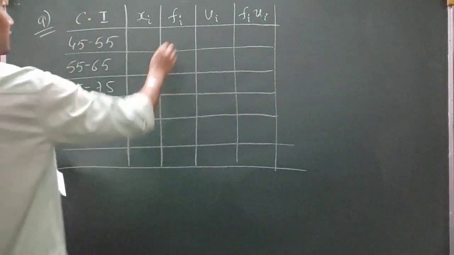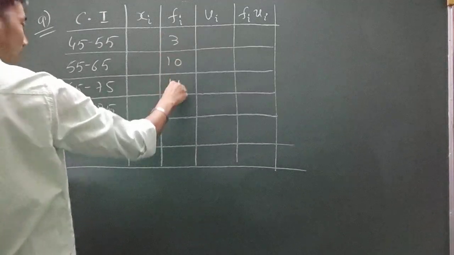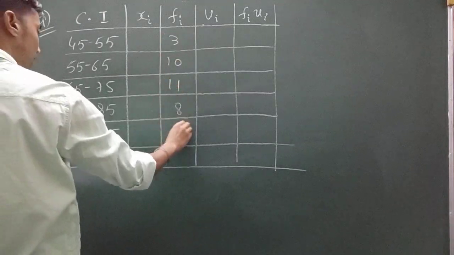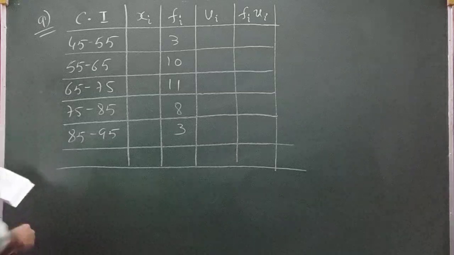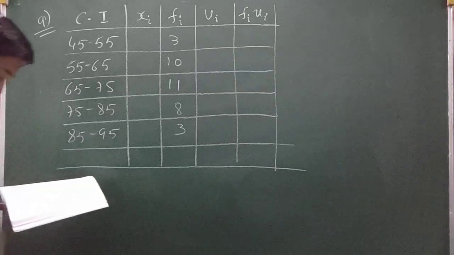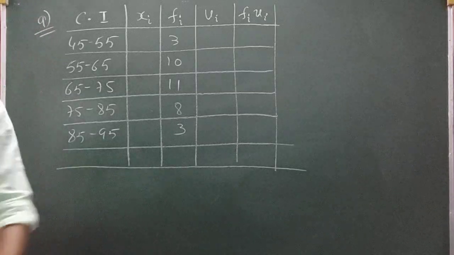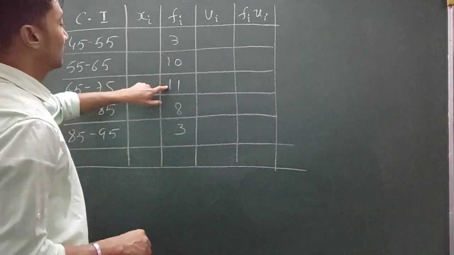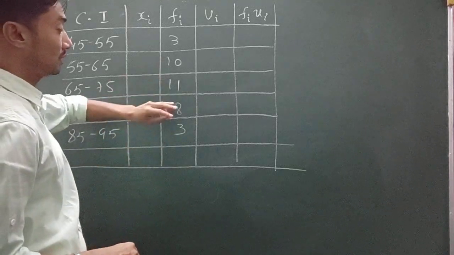Frequency, we'll just write down 3, 10, 11, 8, 3. So the question is, the following table gives the literacy rate in percentage of 35 cities. So total also will be 35, I guess. 10, 20, 29, 30, 31, 32, 35.